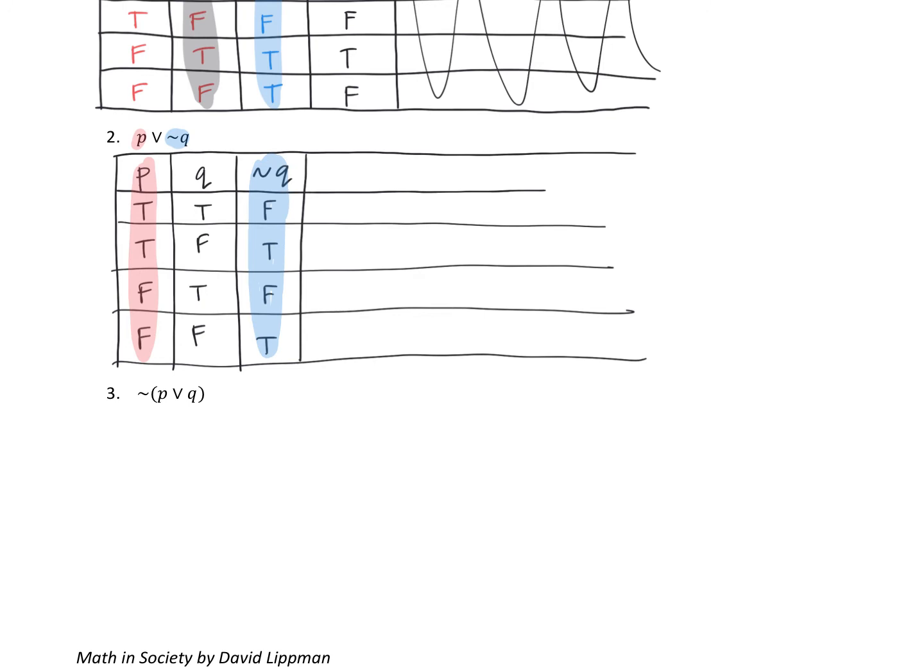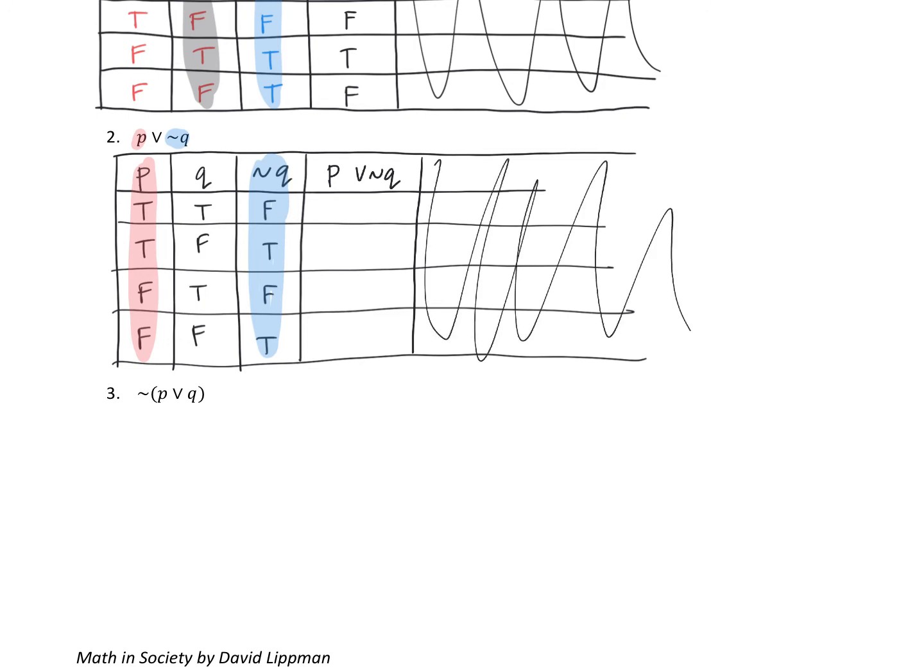So we're going to now compare these two highlighted columns. We're looking at P or not Q. Since this is the statement that we wanted, that's going to be the end of our truth table. Remember that the disjunction is true if at least one is true.